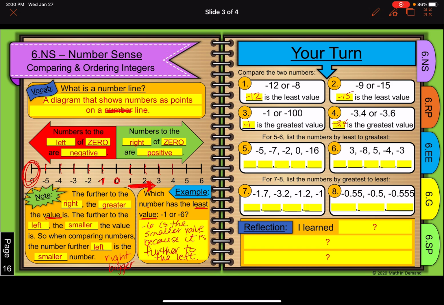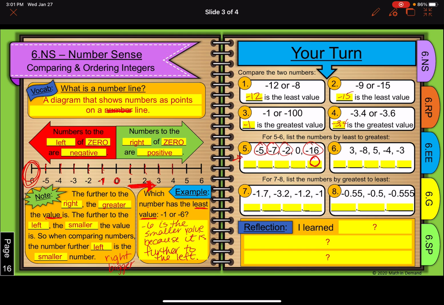Right? So now we're going to order from least to greatest. What I can do is look and decide right away what's my biggest and what's my smallest. So let's look at these numbers. Here, all of these numbers are negative, so negative, negative, negative, 0, negative. Well, 0 is going to be furthest to the right because all of these negative numbers have to be to the left.